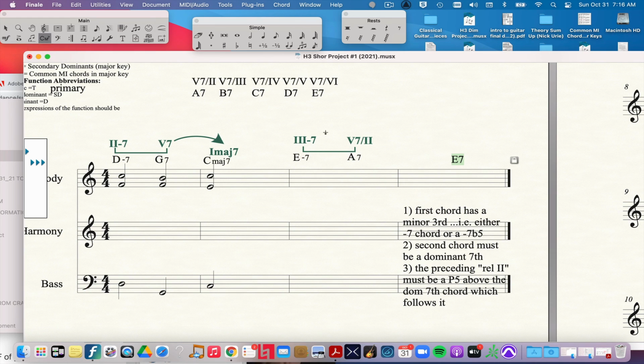So quite often, people will choose that version of the chord to be the related two because it's diatonic to the key, and that helps connect it to the key a little bit more.